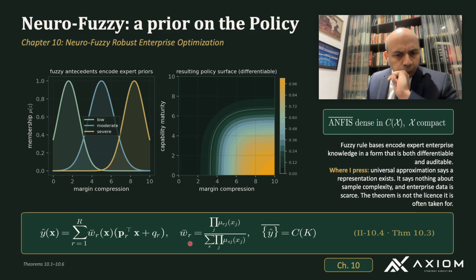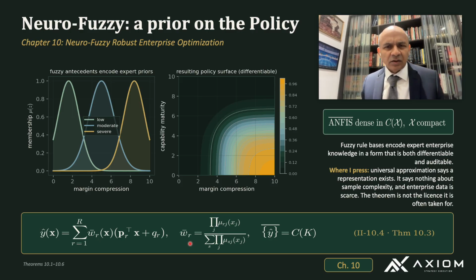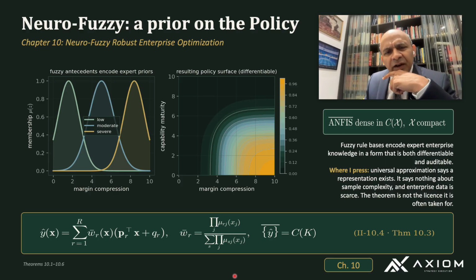The normalized firing strength of each rule, w bar sub r, is basically each rule's weight, and is determined by multiplying the membership grades, mu, of the input variables, and then normalizing across all rules so the weights sum to 1.